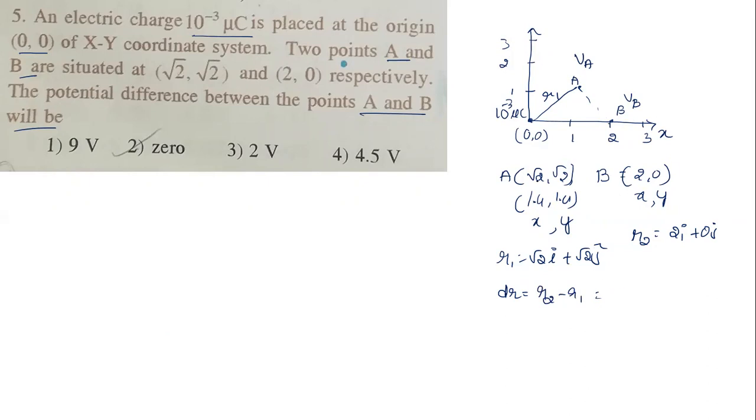R2 is 2 I plus 0 J minus root 2 I minus root 2 J. It will become 2 minus root 2, I cap, and the second one is 0 minus root 2, J cap.